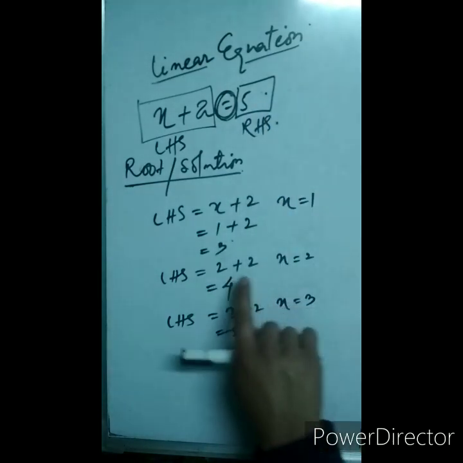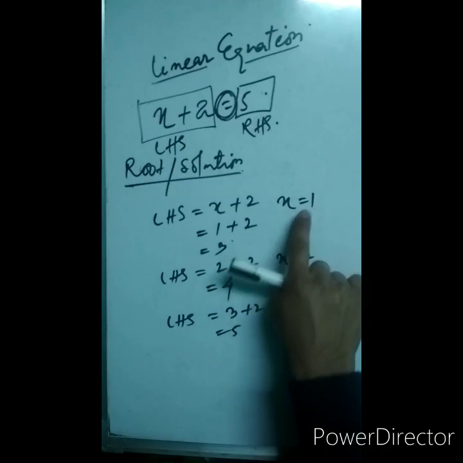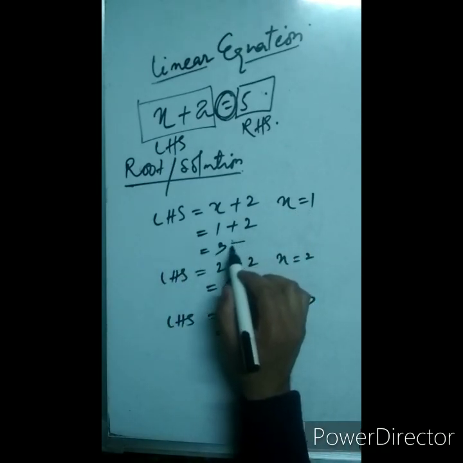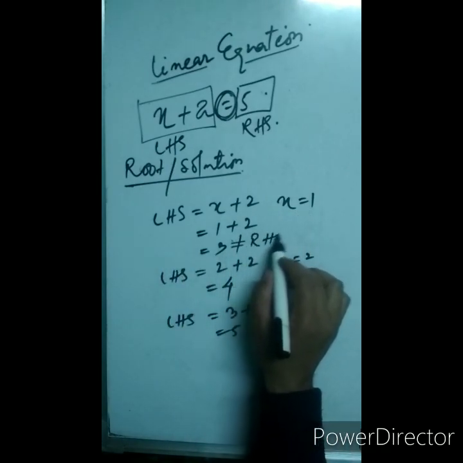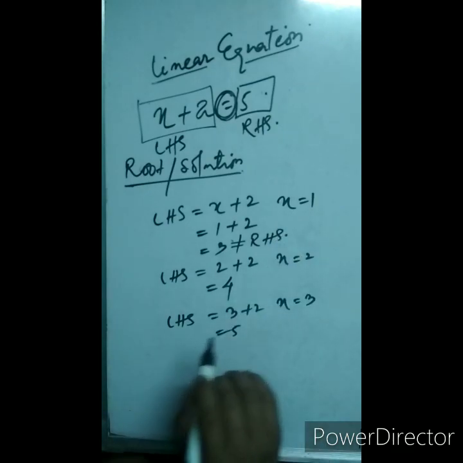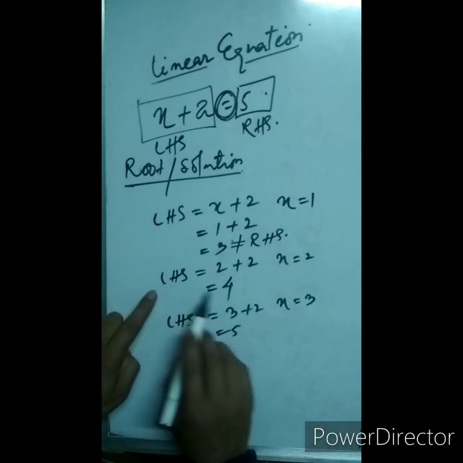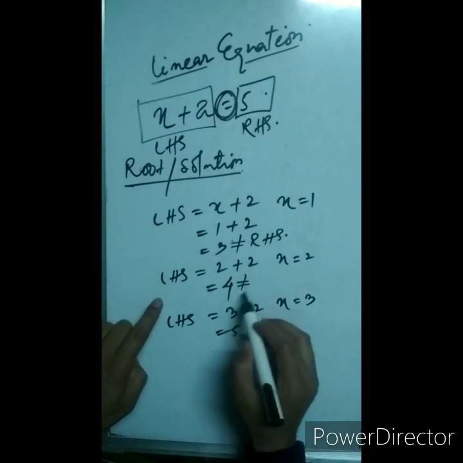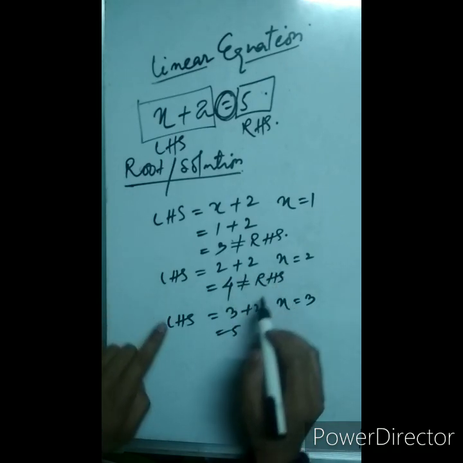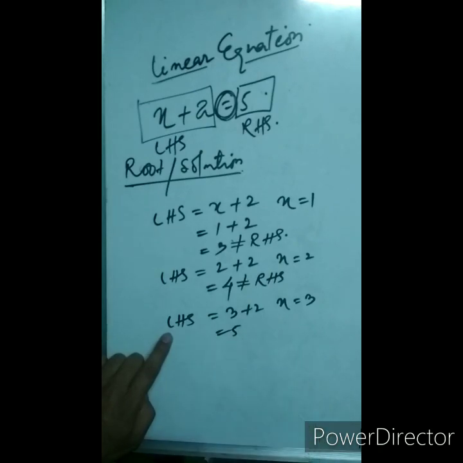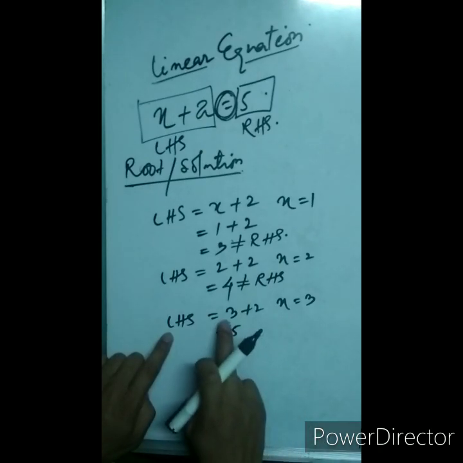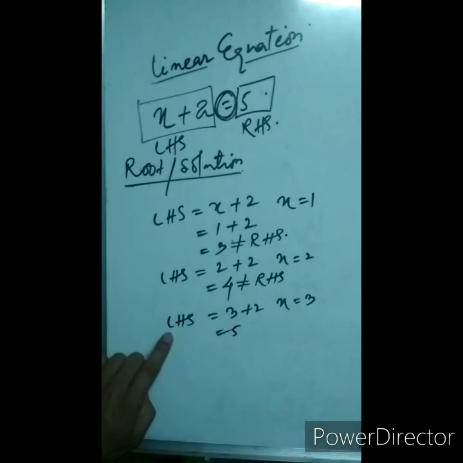There is 5. That means when x is 1, left hand side is not equal to right hand side. And when x is 2, left hand side is again not equal to right hand side. But at the last, when I replace the value of x as 3, the values of left hand side and right hand side are equal.